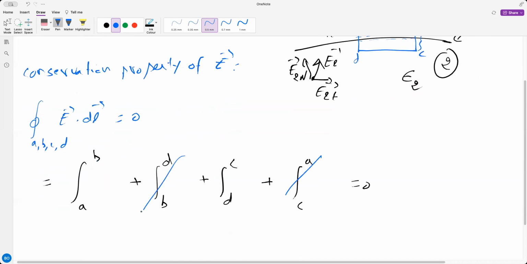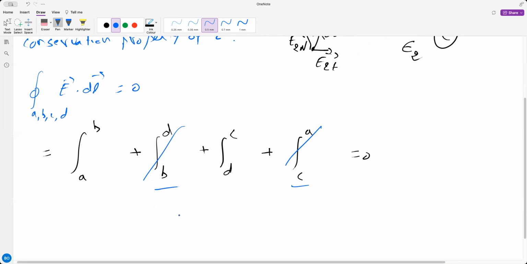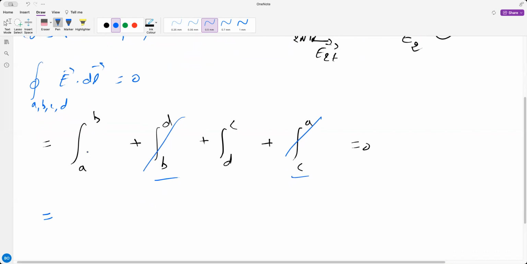We just squeeze the width, so those two parts will not contribute. So we are getting the integral from A to B of E dl plus the integral from D to C of E dl.